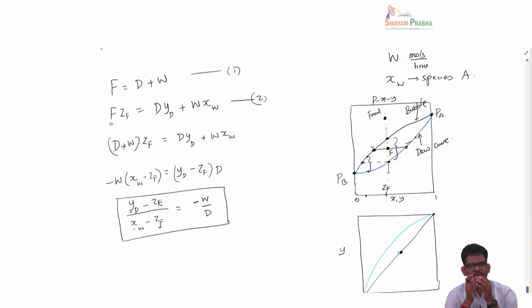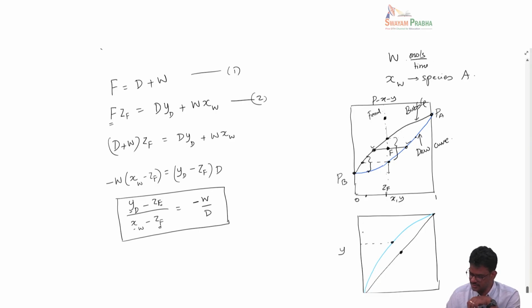But then when this mixture enters the flash drum, you have the opportunity for the phases to separate and mass transfer to happen, so that they both can come into equilibrium. Okay, and that equilibrium composition is given by YD and XW. That can be somewhere here on the equilibrium line.